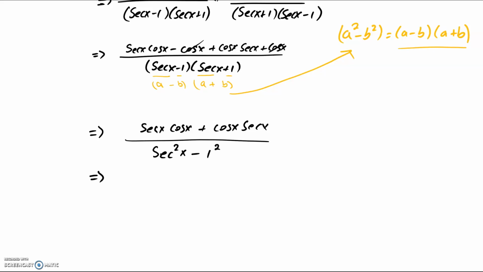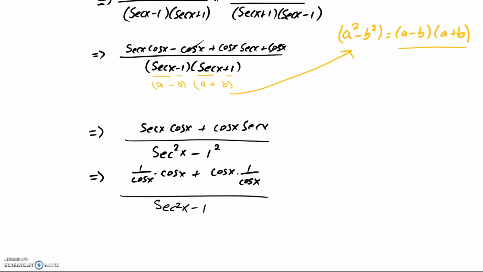I'm going to use the identity on secant, so it will become 1 over cos x times cos x plus cos x times 1 over cos x, and the denominator will be secant squared x minus 1, because 1 squared is 1. Now this cos x cancels with this cos x, and you will have 1 plus 1 over secant squared x minus 1.